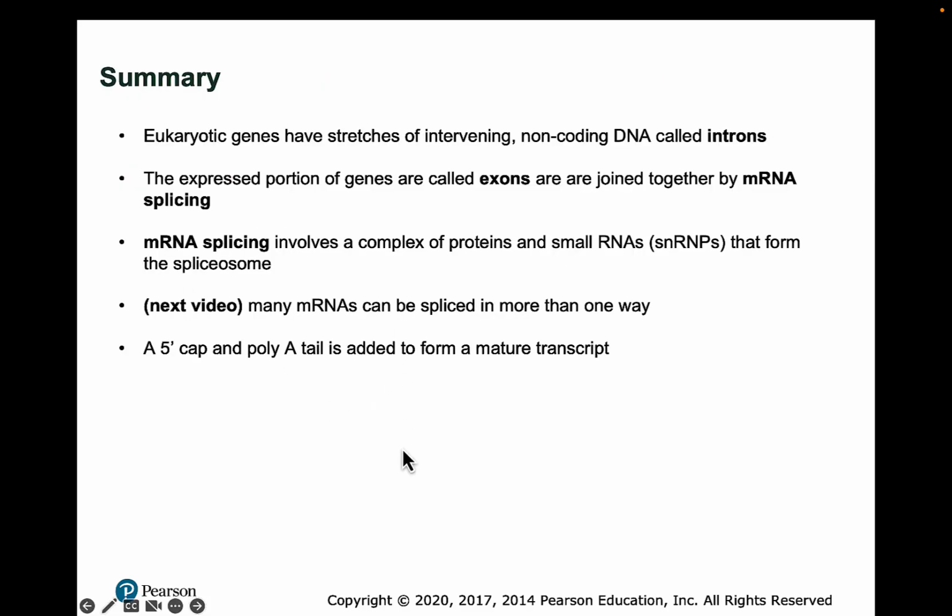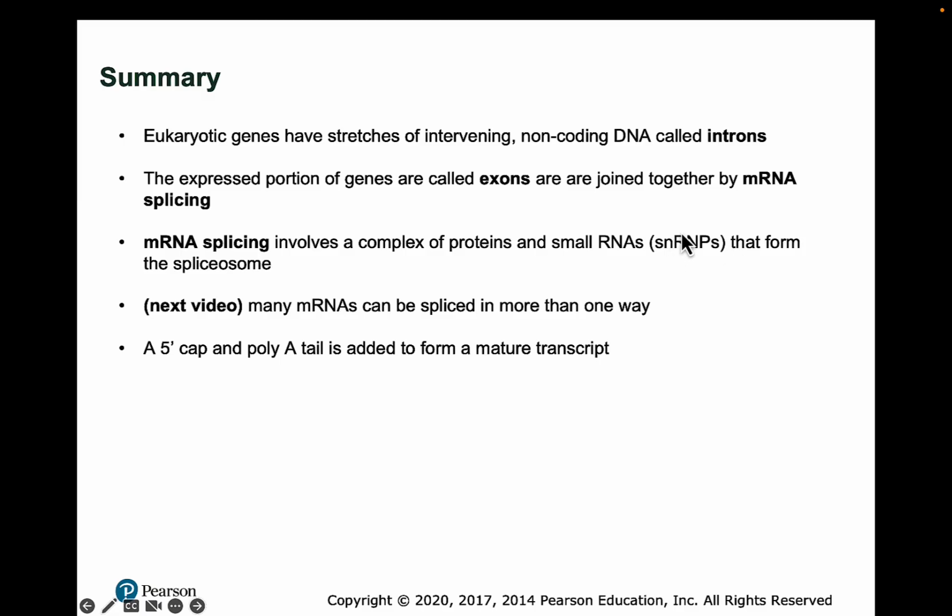So to summarize what you should know before coming to class, eukaryotic genes have several stretches of intervening non-coding DNA called introns, and the expressed portions of genes are called exons, and they're joined together by this process of mRNA splicing. mRNA splicing involves a complex of proteins and small RNAs.